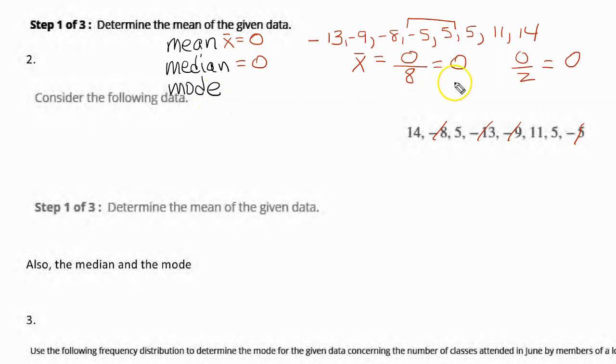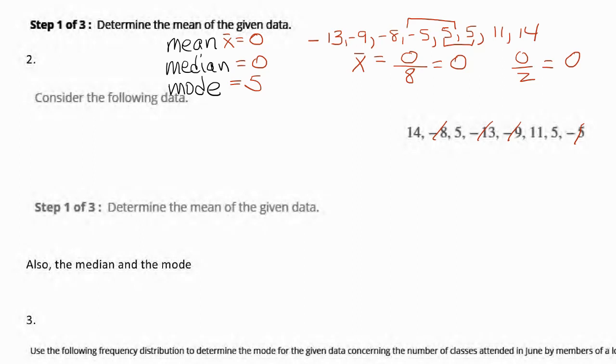Now for our mode, we're looking at what value is used more than any other. So we see here we have 2 5s. So our mode is 5. All right, we're going to go on now to number 3.